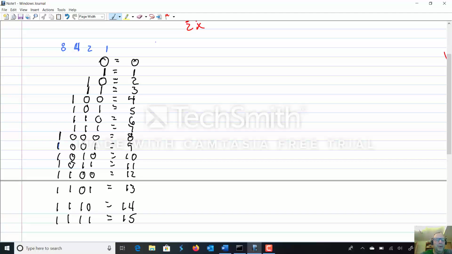If we had a number like 0, 1, 1, 0, we could very easily attach those values across the top of this, and we would easily be able to say that equals 6, right? 2 plus 4 is 6. And if I had a number like 13, I could say, okay, 13 is a pretty good sized number.